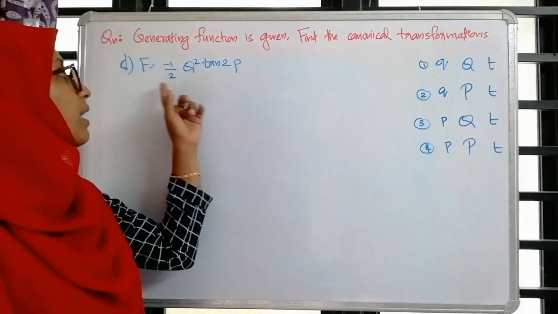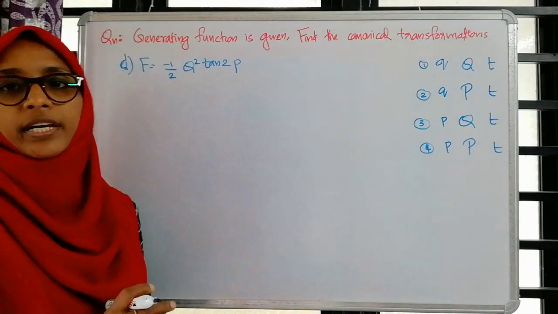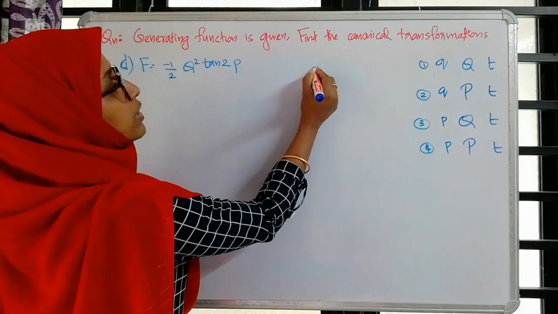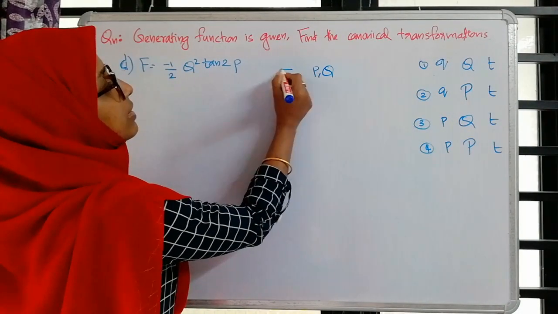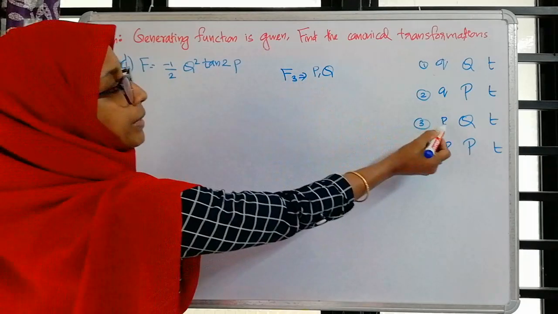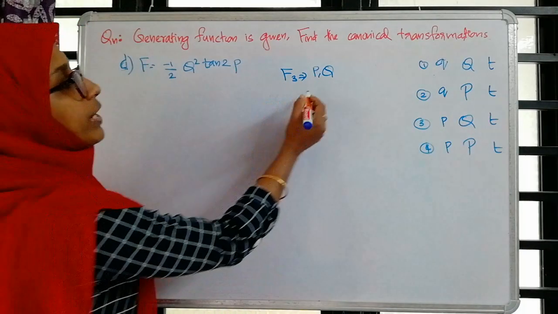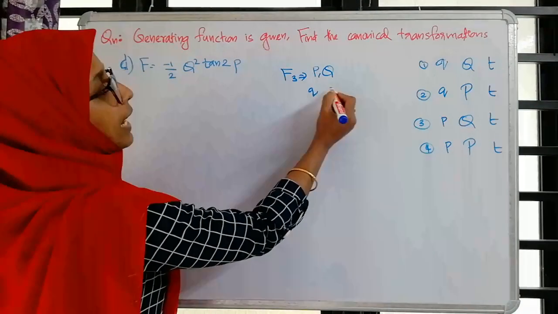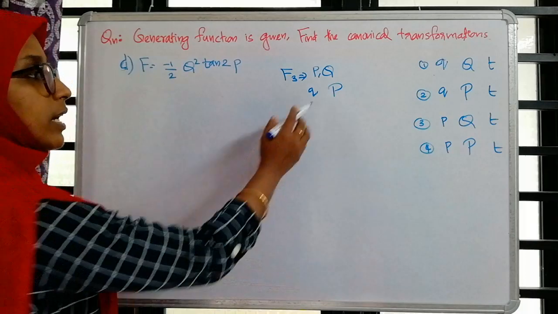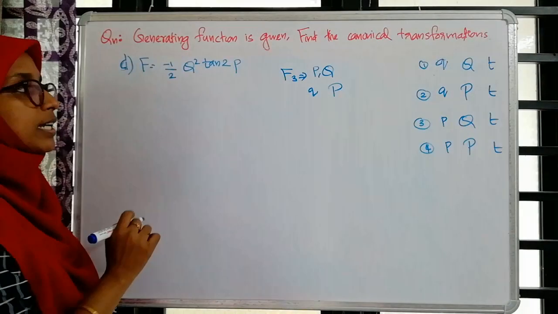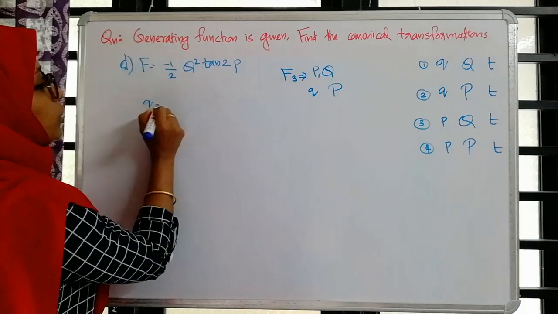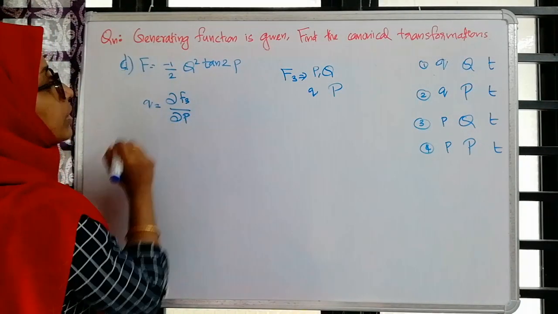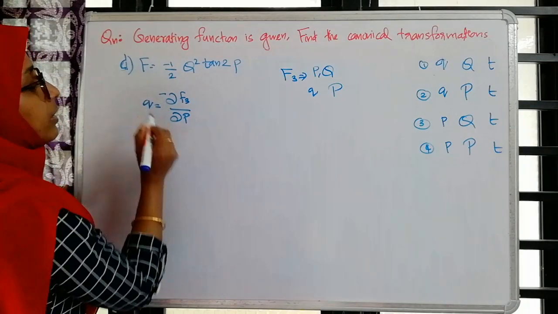Next example, F is equal to minus 1 by 2 Q square tan 2p. From this, we can write it is a function of small p and capital Q. That is F3(p, Q). So, we have to find out the transformation equations of small q and capital P, which are both negative transformation equations. Small q is equal to minus ∂F3/∂p.